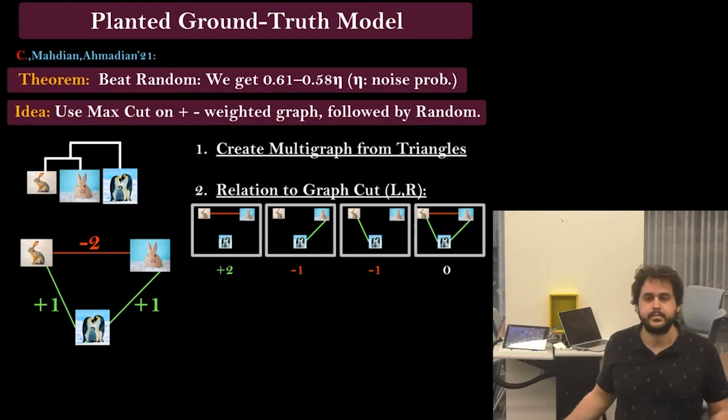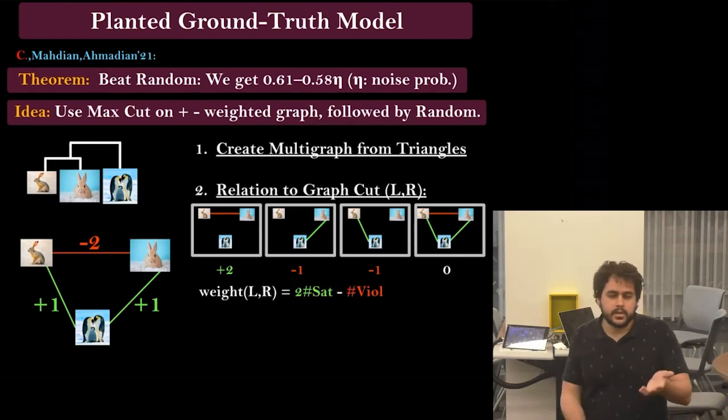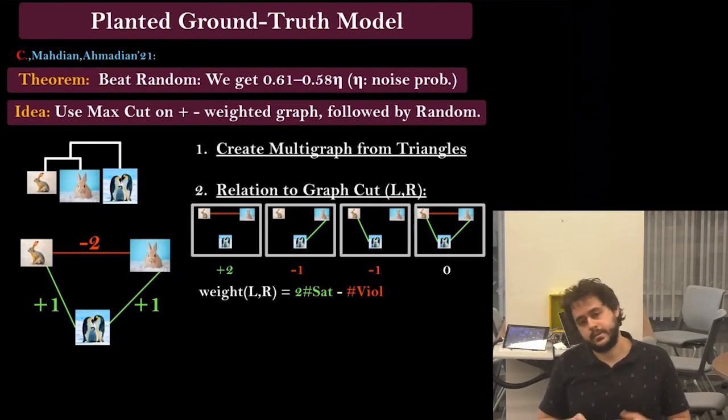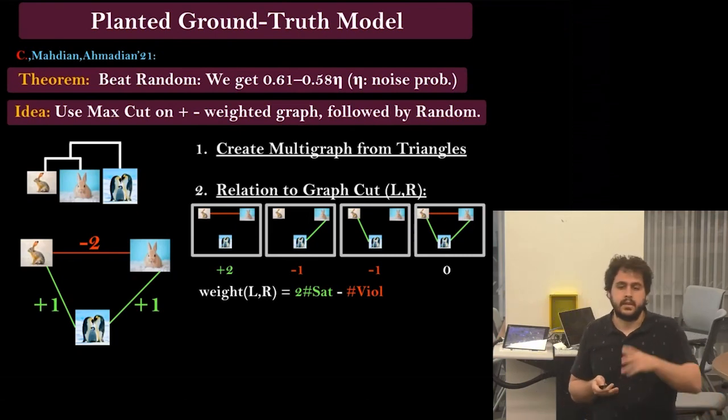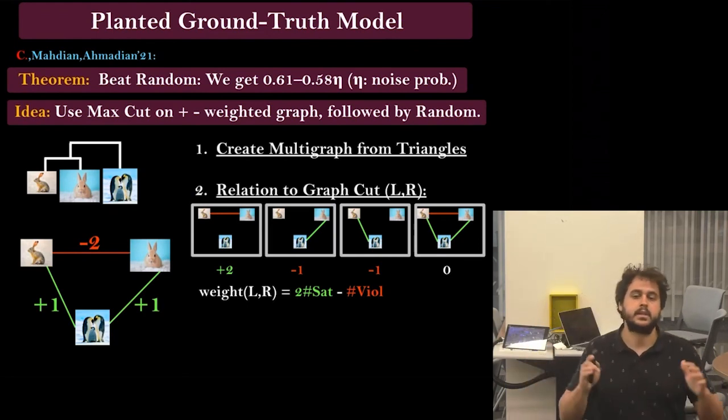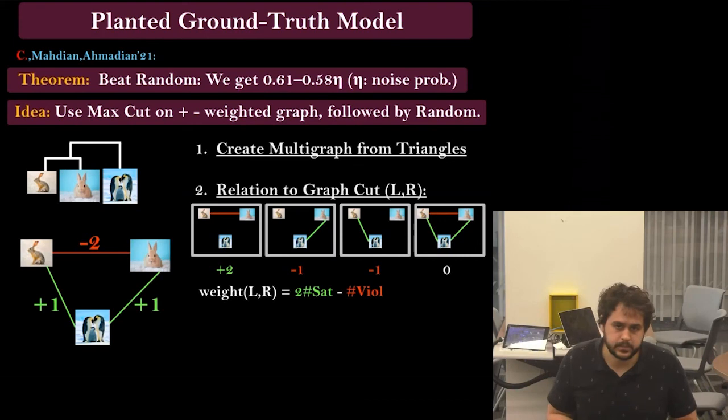And now the idea is that if we do this for every triplet, the weight of the cut is equal to 2 times the number of satisfied triplets minus the number of violated triplets.